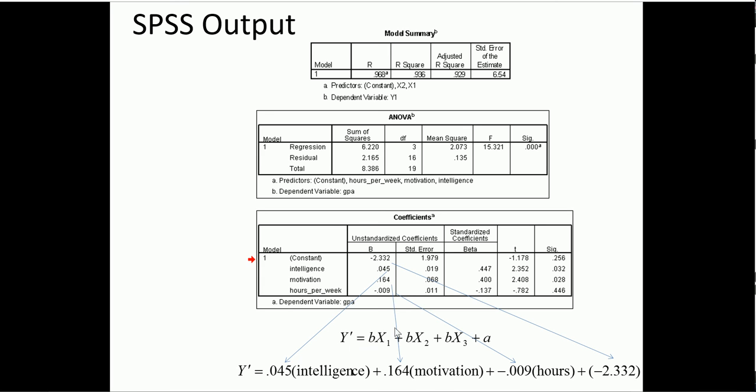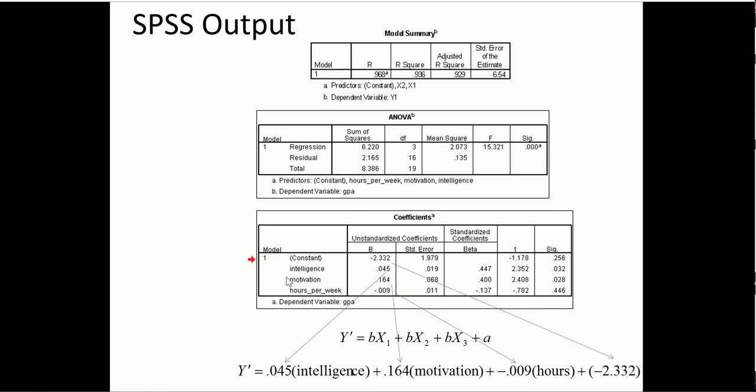It does have a very small inverse relationship, but the p-value is incredibly high, well above any alpha we might use, so we cannot reject the null hypothesis for hours worked per week. We would conclude on the basis of this analysis that, and this is a key part, after controlling for intelligence and motivation, the relationship between hours worked per week and GPA was not statistically significant.